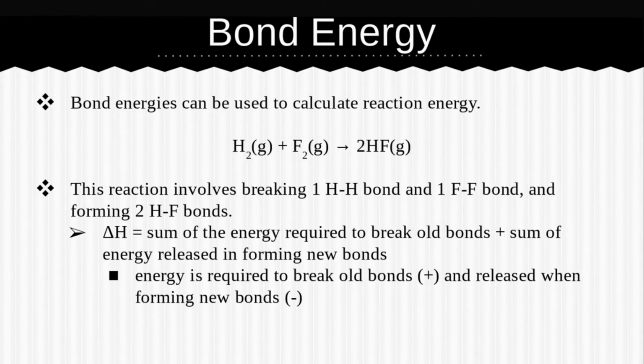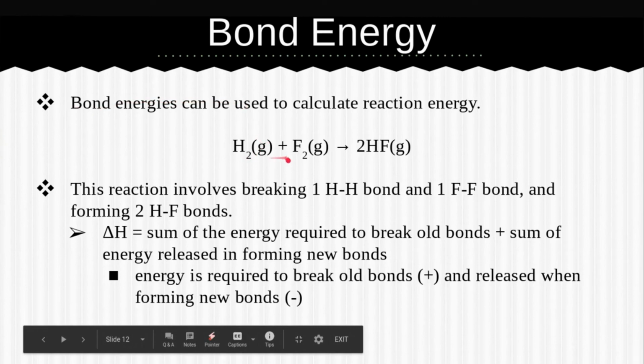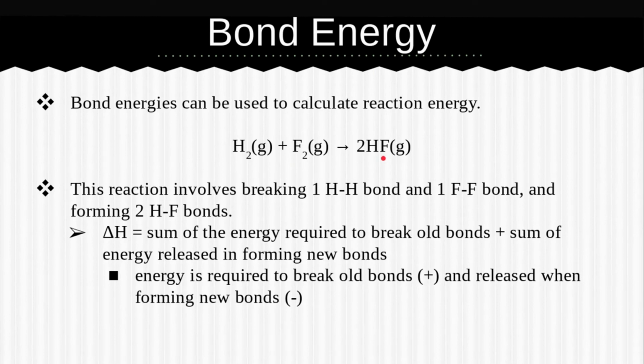So we can use the energy of a bond to figure out how much energy is in a reaction overall, based on the types of bonds that are being broken and the types of bonds that are being formed. If you look at this reaction, we've got hydrogen gas reacting with fluorine gas to form hydrofluoric acid. We have one hydrogen-hydrogen bond that needs to be broken and one fluorine-fluorine bond that needs to be broken.